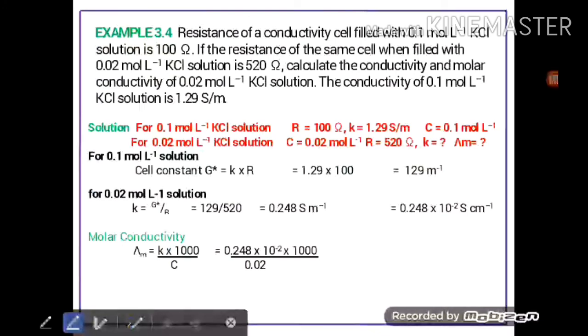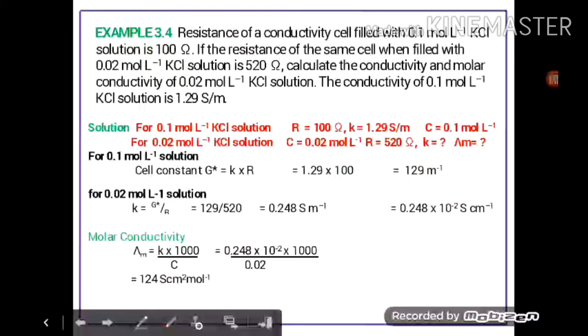So we will put the value of conductivity, that is 0.248 into 10 to the power minus 2 Siemens centimeter inverse. Here we have converted only this meter inverse into centimeter inverse, so we will multiply 10 power minus 2. So now 124 Siemens centimeter square mole inverse.